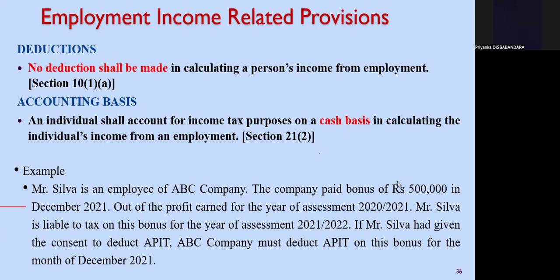But he received this bonus in December 2021, that means during the year of assessment 21-22. Even though that is applicable for the 2021 year of assessment, since Mr. Silva received that 500,000 bonus in the year 21-22, we have to calculate that amount for the year of assessment 21-22, not for the 2021 year of assessment.